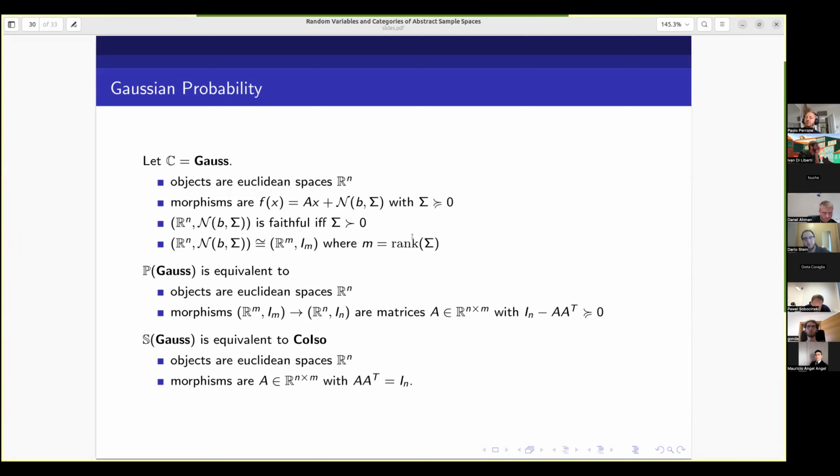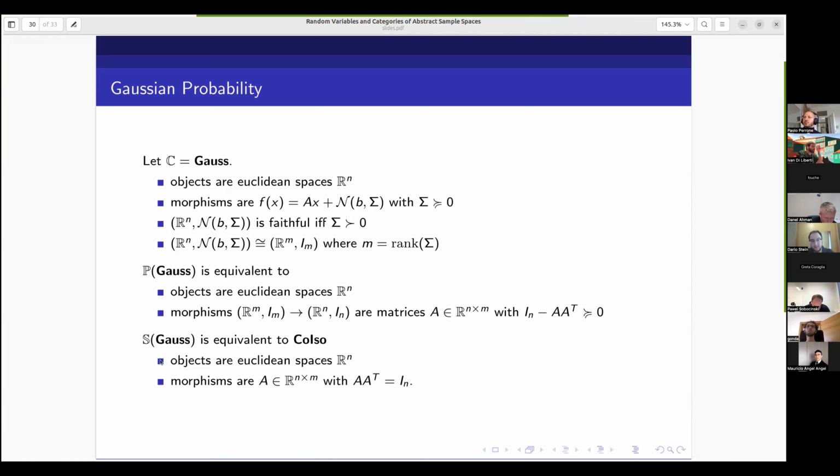Even more interesting, if you know what Gaussian probability is, I will not do this in detail, but you can see it on the slides. So a Gaussian distribution is given by a mean and then a positive semi-definite covariance matrix. But these things, up to isomorphism, can all reduce to identity covariance.